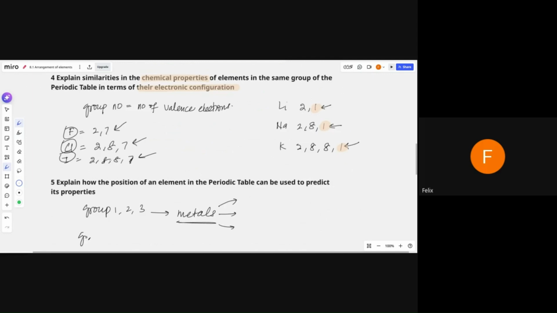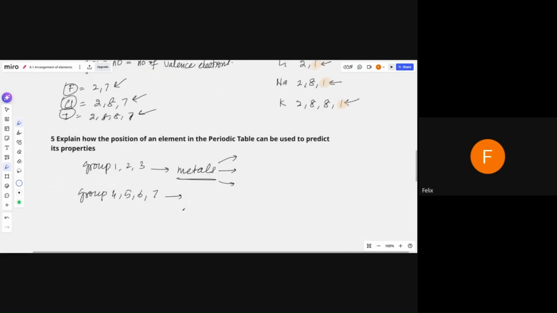If you know the group of the element, and it is a non-metal, like groups 4, 5, 6, 7, they will mostly gain electrons when they react, and with a few exceptions they will be non-conductors.